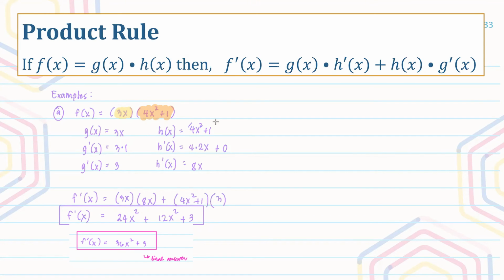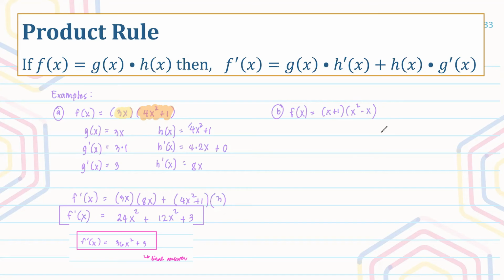Okay, now let's have another example. Find the derivative of f of x is equal to x plus 1 times x squared minus x.